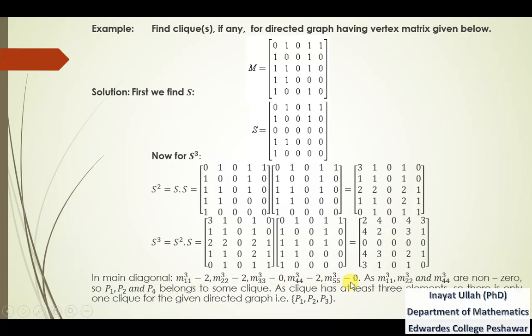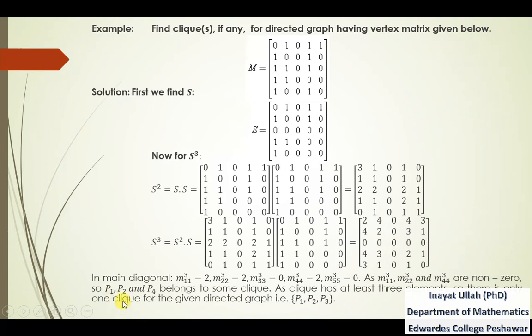And we see that M11 cube, M22 cube, and M44 cube are non-zero. These are not 0, whatever the numbers are, but not 0. So it means that from M11 we should take P1, for M22 we should take P2, and for M44 we should take P4.